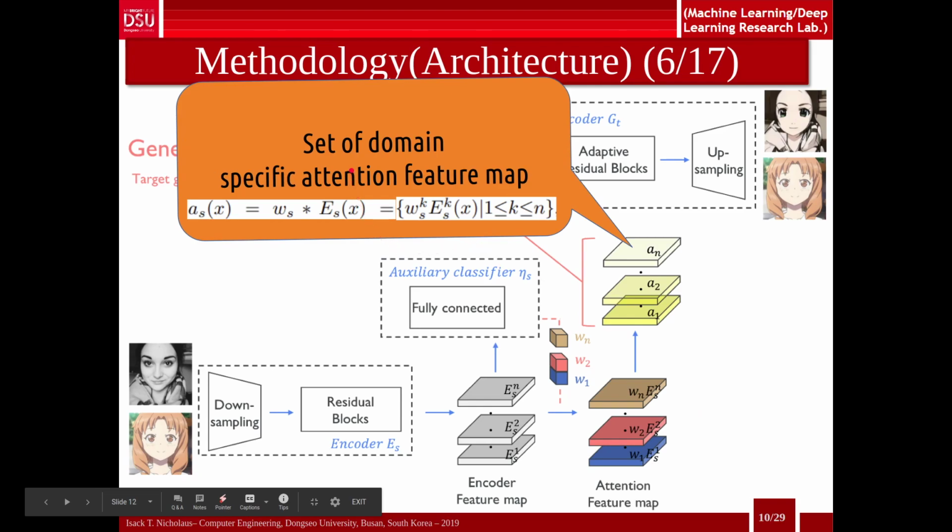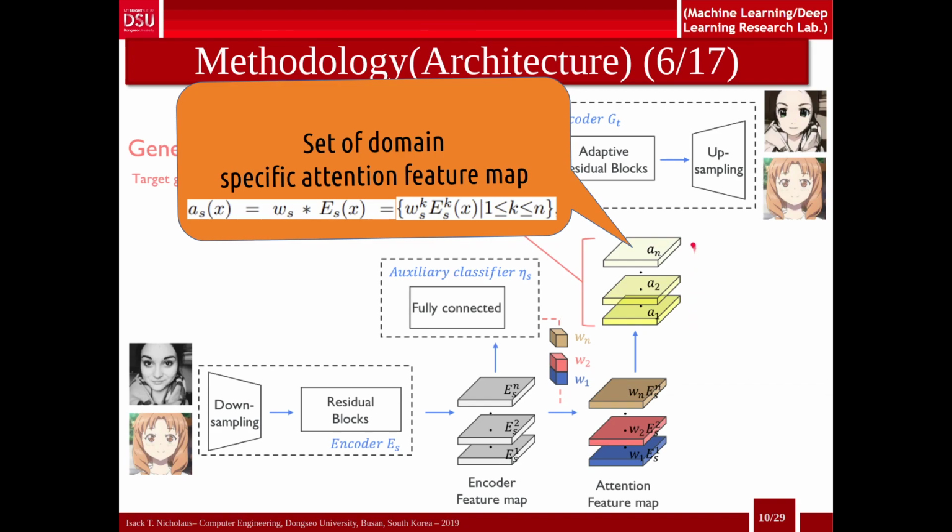Then after getting this set of domain specific attention feature map from the auxiliary classifier by taking the important weight, we multiply it by the respective encoder feature map, then we will be able to get the attention map. Then this attention map will be fed to the next layer. We will see in the next slide.